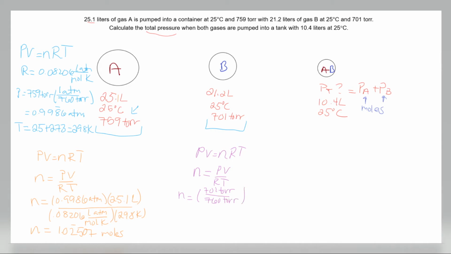That's essentially what we did over on the left with the 759 torr. We just divided the two. And then our volume is 21.2 liters. We're going to multiply by that and divide by the gas constant, liters atmosphere per mole Kelvin. Please don't forget your units. Please, please, please. And then finally, the temperature is 298. That is not a 9, it's 298. I'm having fun with my writing today.